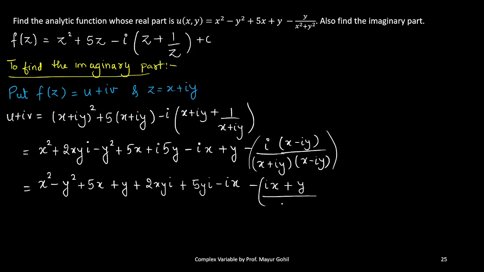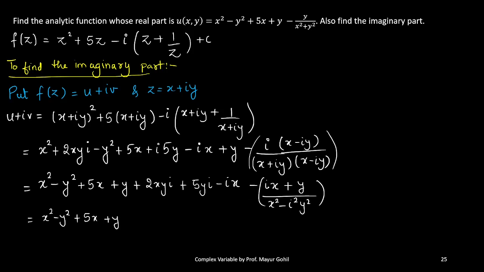and divided by x square minus, basically it's going to be minus of i square y square. And so in the next step we get here x square minus y square plus 5x plus y.